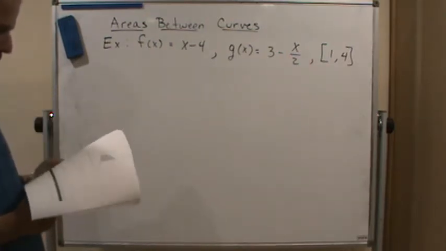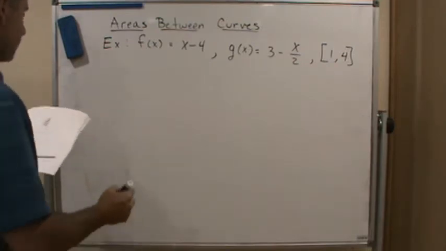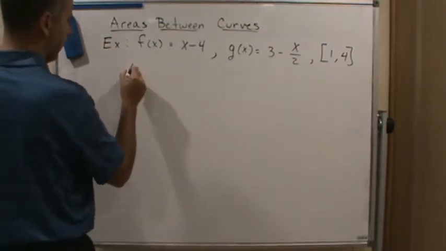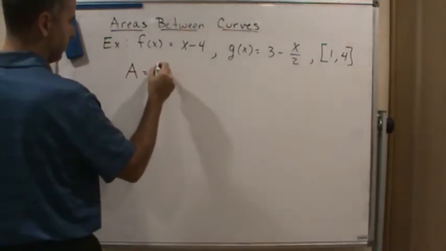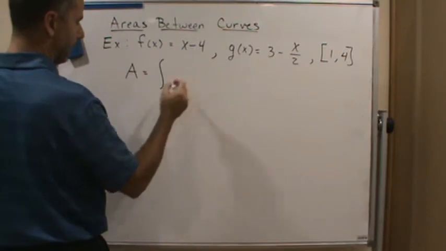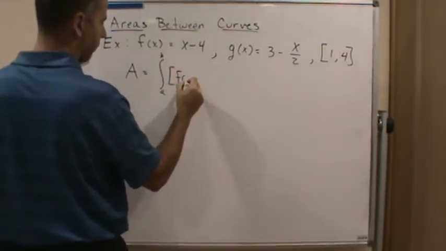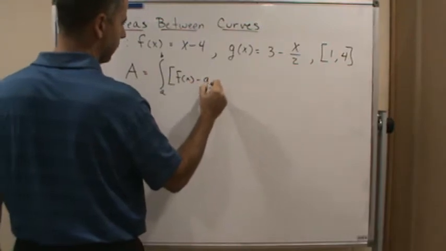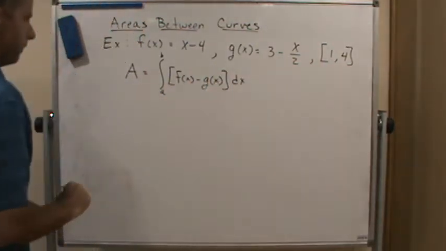Now we're going to use the theorem and set this up. We know that the area bounded by this region is going to be the integral from a to b of f of x minus g of x dx.